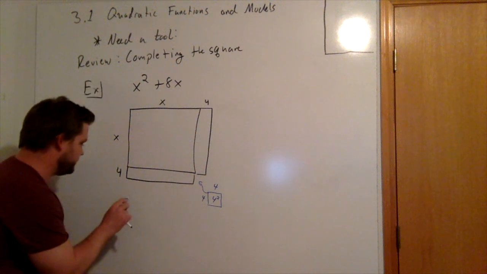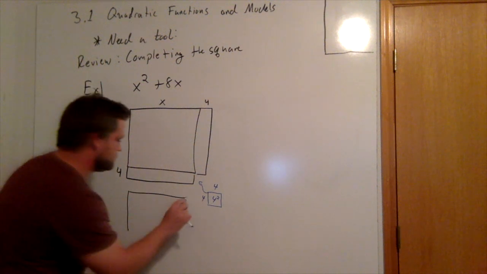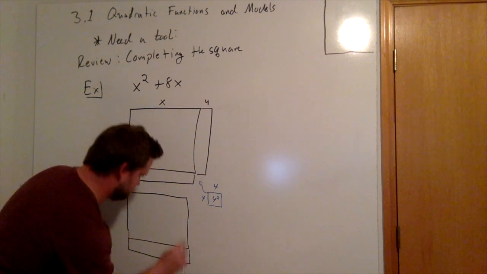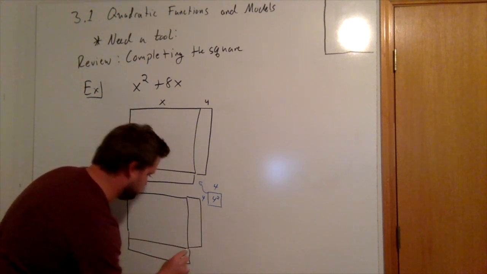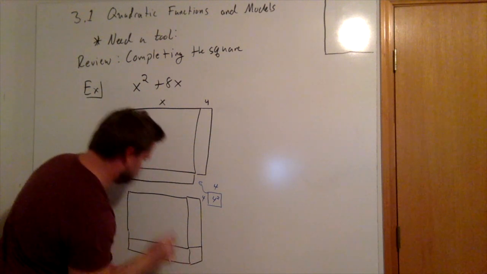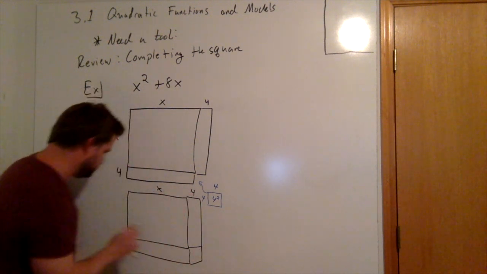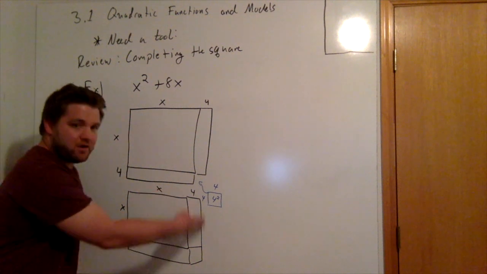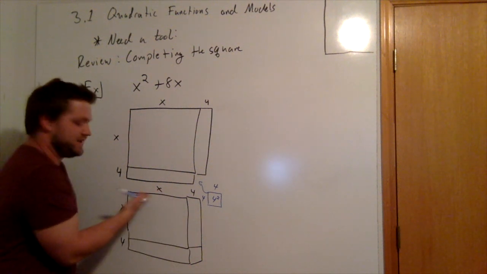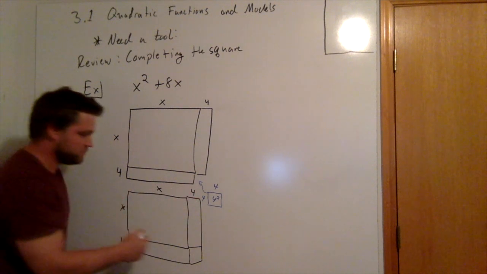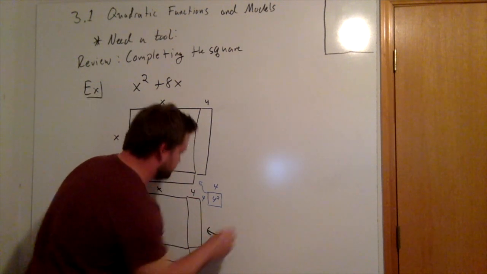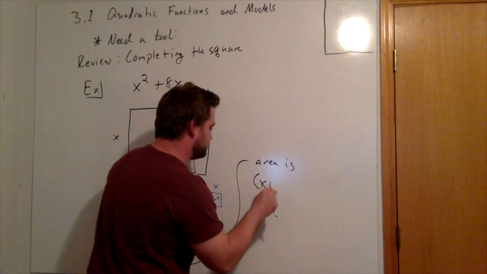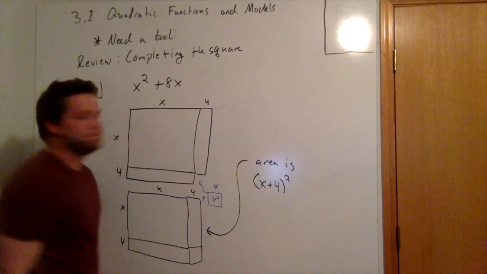So if I redraw this picture, I now have a box with a side length x plus 4 and another side length of x plus 4. The area here is (x plus 4) squared.